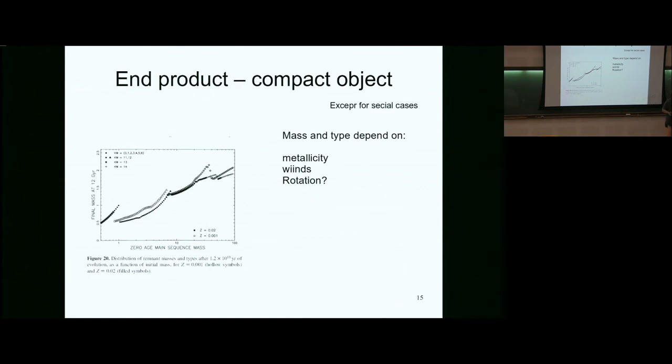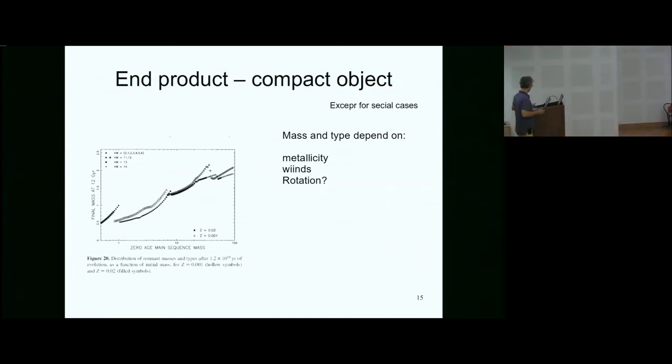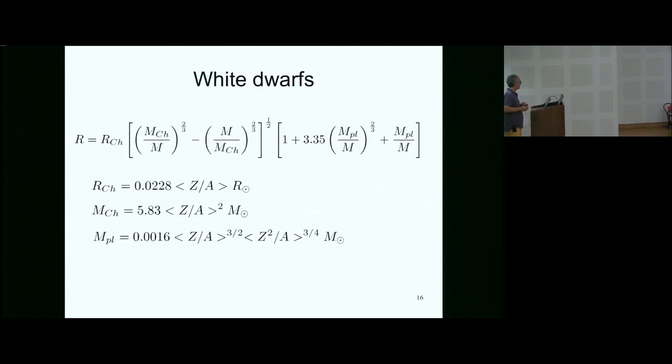And white dwarfs still sometimes can enter; the radius of a white dwarf can play a role in some systems where we have, for example, binary white dwarfs, which are potential progenitors of supernova Ia, and we can have transfer from one white dwarf to another. So probably, this is one of the models of the white dwarf mass-radius relation.